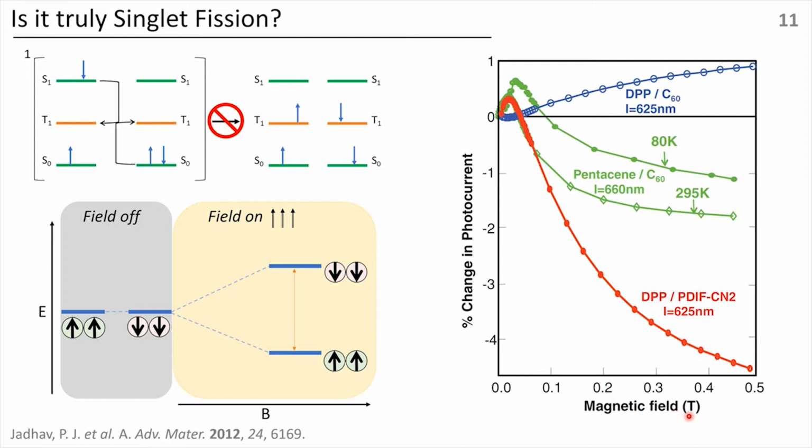As we turn up magnetic field, the DPP pyrrolidine CN2 combination of materials seems to have a decrease in their photocurrent generating ability with increasing magnetic field, which is what we expect when singlet fission process happens, right? It only takes about 15 seconds to say those few sentences in this particular slide, but you're just ensuring that nobody in the audience gets lost by what you're showing in the graph, right?